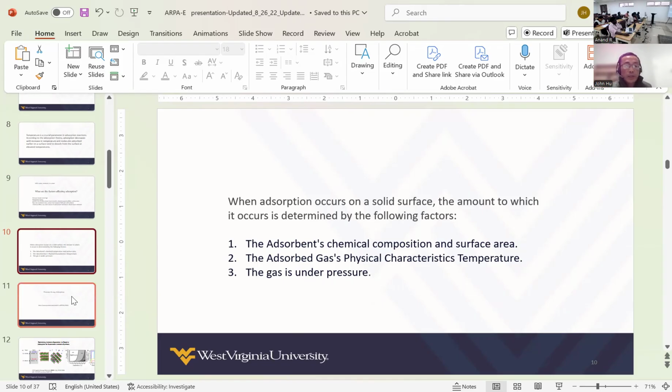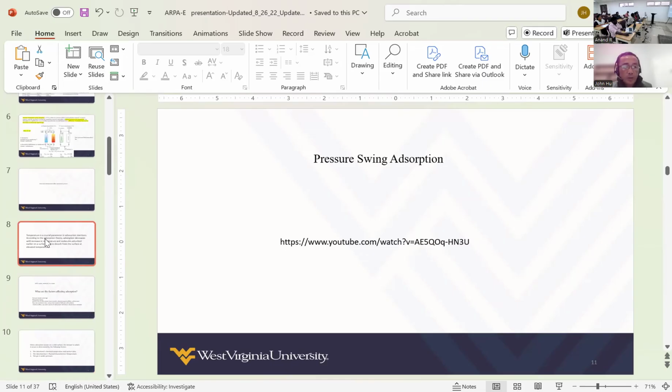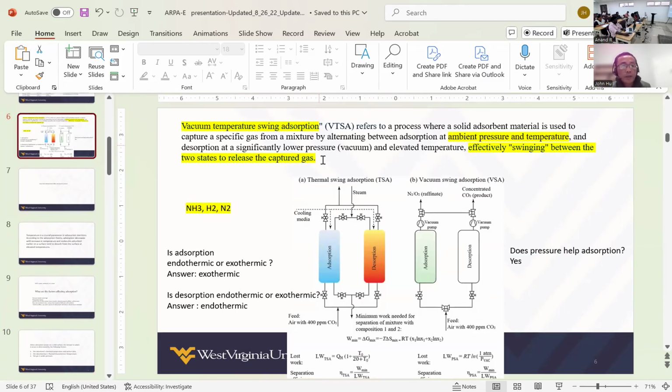Let me show you a YouTube video. You will see the pressure swing. I think some students asked about pressure swing adsorption. I'm going to show you the YouTube video, and then we talk about vacuum distillation. As I mentioned, it's all about the delta P, which means adsorption and desorption have to be at two different temperatures and two different pressures.